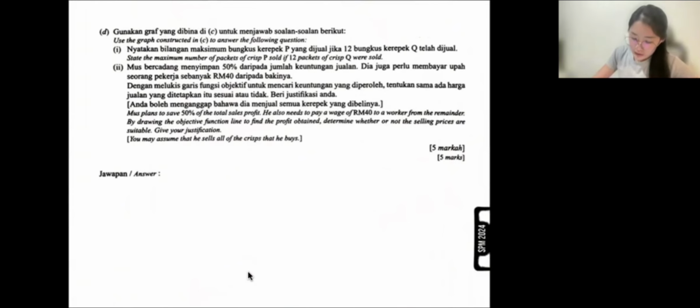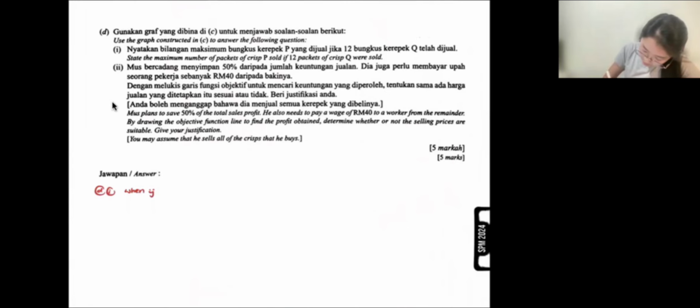Use the graph constructed in C to answer the following questions. D part 1, state the maximum number of packets of crisps P. Crisp P is x, when 12 packets of crisp Q are sold.